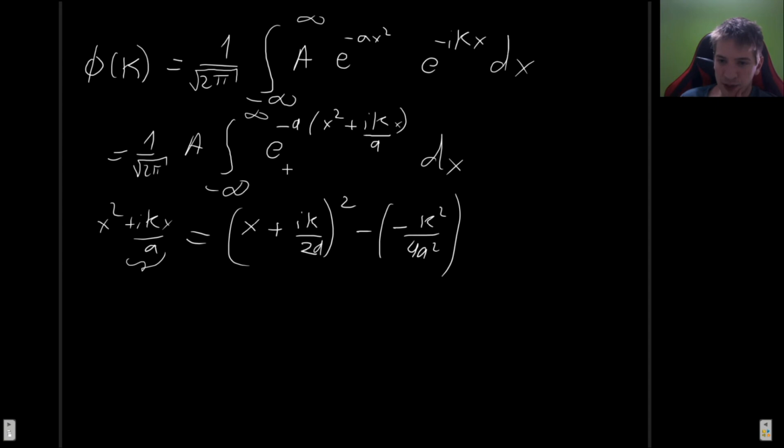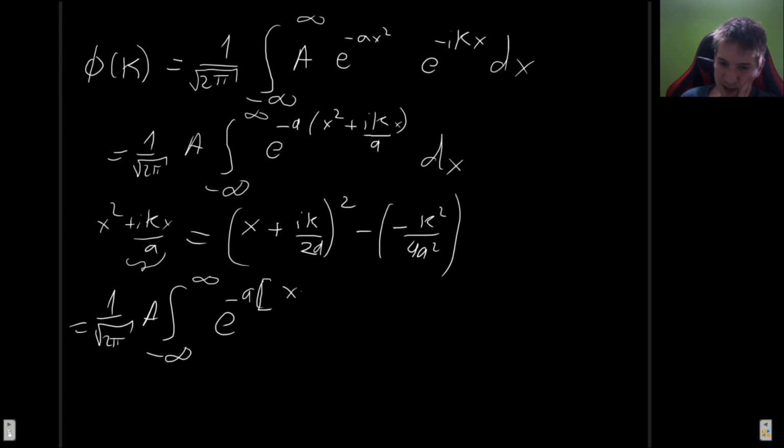So now we can plug it in there. So we get 1 divided by the square root of pi times a, that goes from minus infinity to infinity, e to the minus a times this whole thing, big bracket, times x plus ik divided by 2a squared plus k squared divided by 4a squared dx.